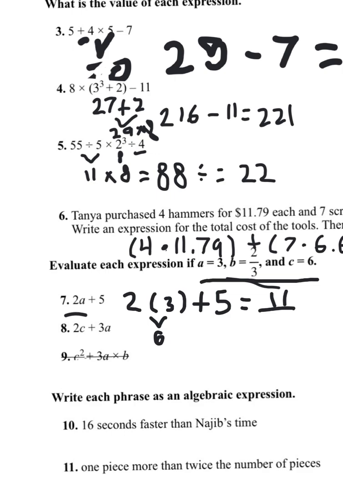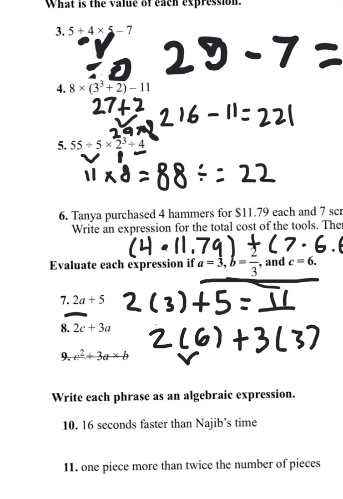For expression number 8, we're filling in 2 times, and up here it says 6. So 6 plus 3 times a, and a is equal to 3.